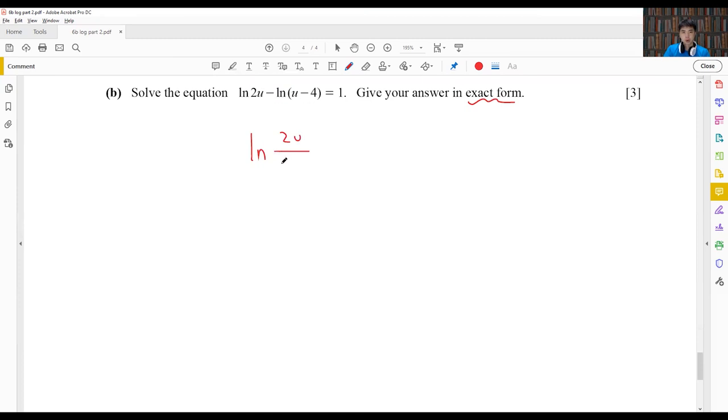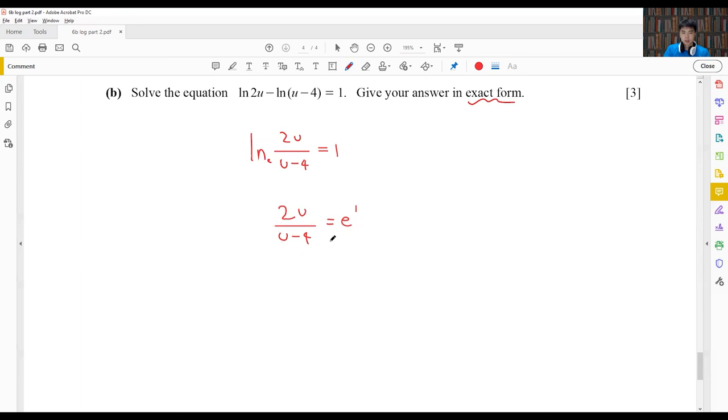So it's 2u over u minus 4 equals to 1. And then from here, bring the ln function over to the right hand side. So you would have 2u over u minus 4 is equals to e to the power of 1, because ln is base e, right? So bringing it over is going to be e to the power of 1.